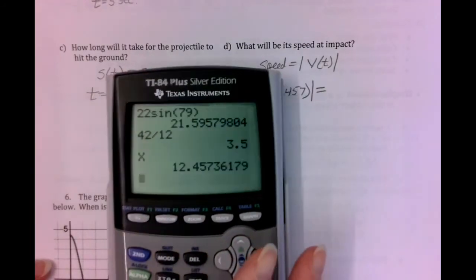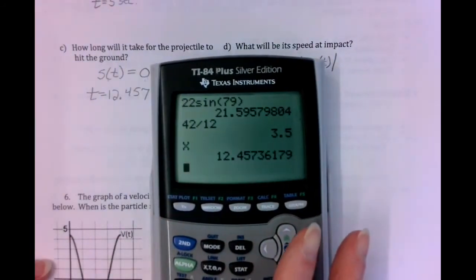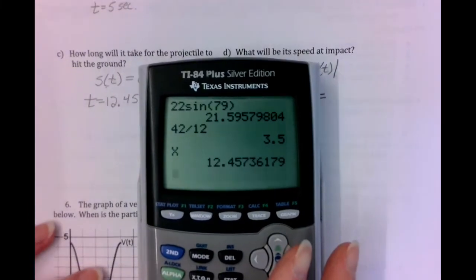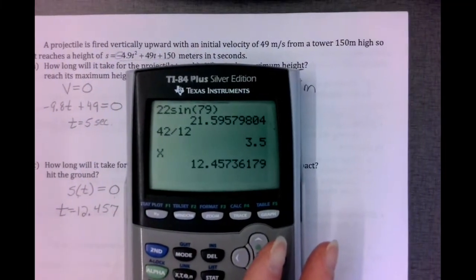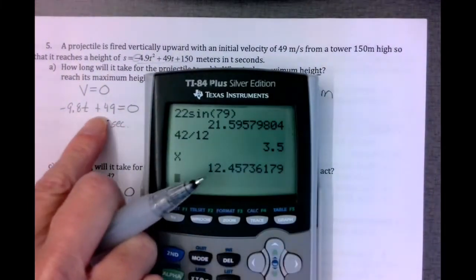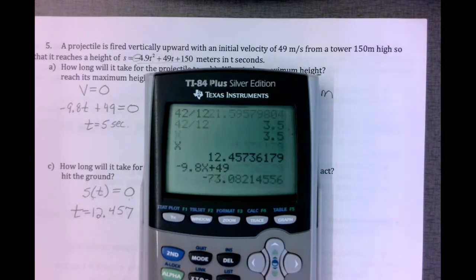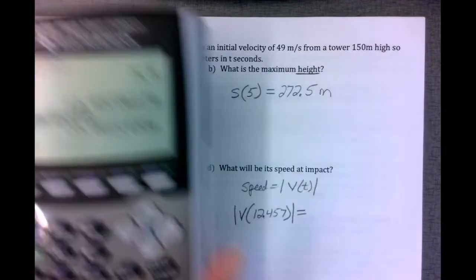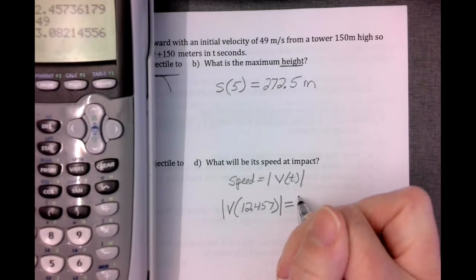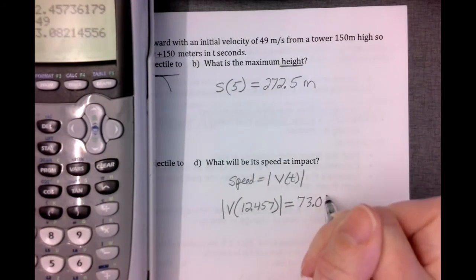I'm going to go back up to my velocity equation and say negative 9.8 x to represent the time when the particle hit the ground, plus 49. Hit enter, and then I just have to make it positive, and I'm getting 73.082 meters per second for my speed.